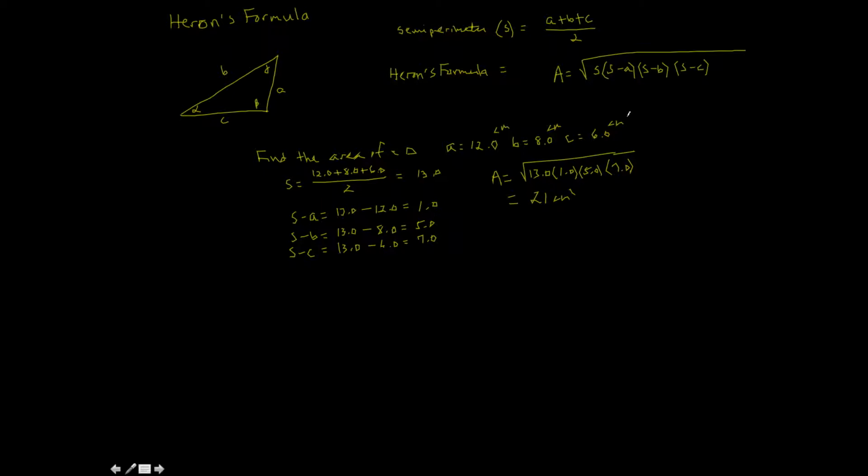All right, so as you can see, the application of it is fairly straightforward. Now, notice what we've had. If we had side angle side, we could very easily use the basic area formula to solve this. If we had three sides, we could use Heron's formula to solve for the area.